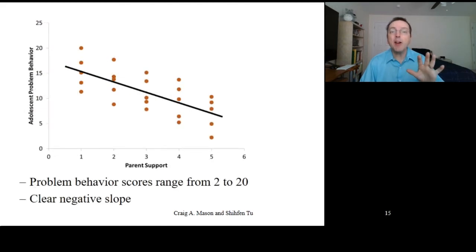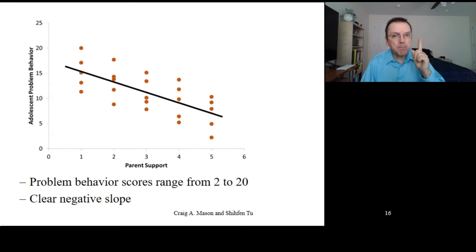Now, here's a scatter plot predicting adolescent problem behavior, our outcome, based on the level of parental support, with the regression line drawn in as well. We see that the behavior scores range from 2 all the way up to 20, but there's clearly a negative relationship, with the behavior scores getting lower as parental support values get higher.